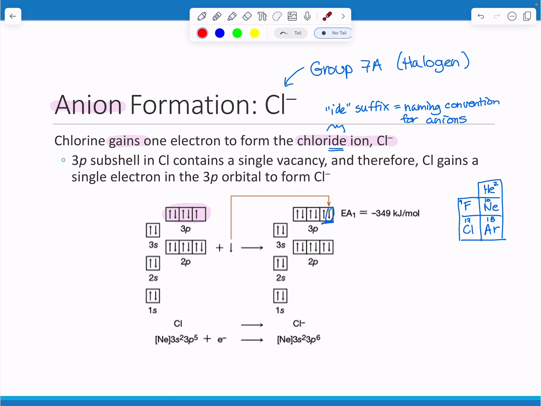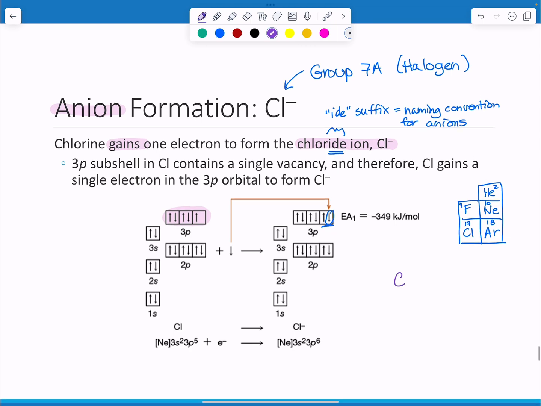And then there are elements in group 7A, like the halogens, like right here, where if they gain an electron, they will get to this stable noble gas notation. So chlorine, okay, so the chloride ion is going to be isoelectronic with argon.